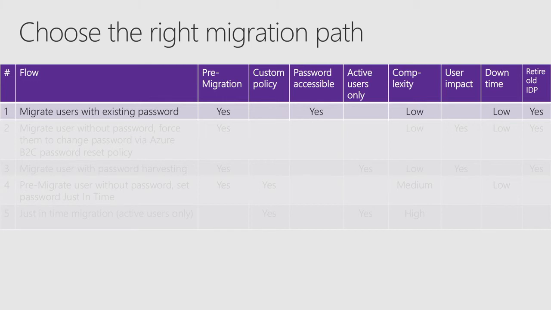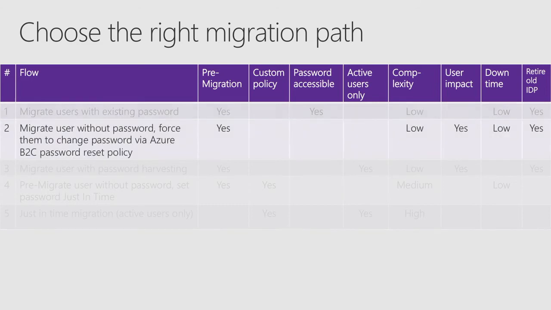And when you finish the migration process, you can shut down the old identity provider immediately, because we don't need it anymore. The second one: migrate users with a password, and force them to change the password via the Azure B2C password reset policy. Again, we use the pre-migration process, but remember, with a randomly generated password.